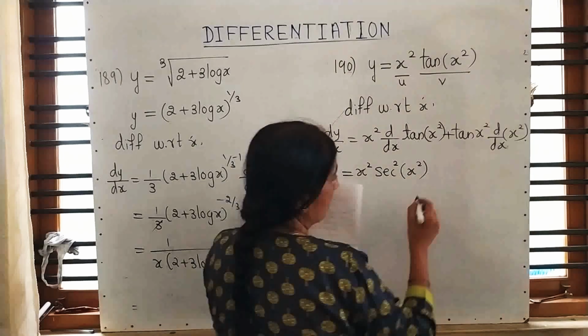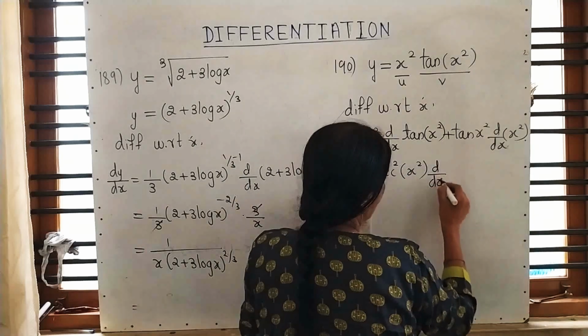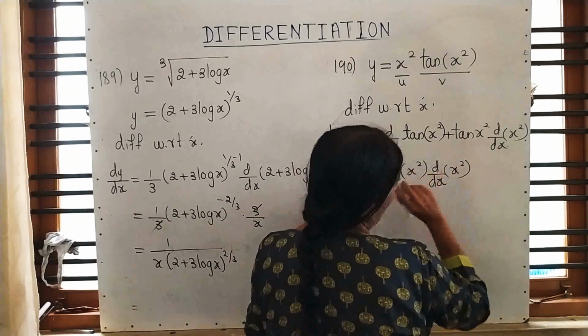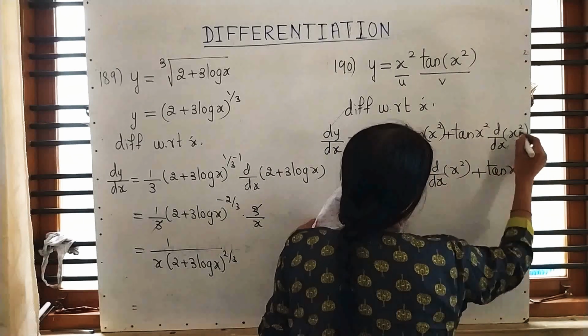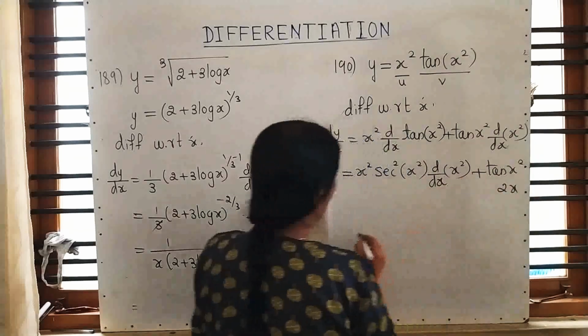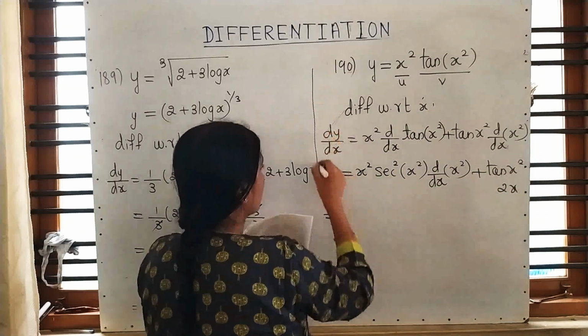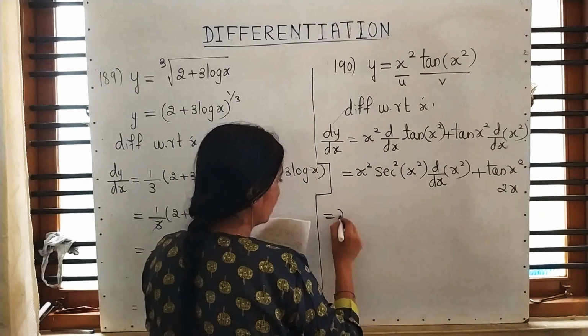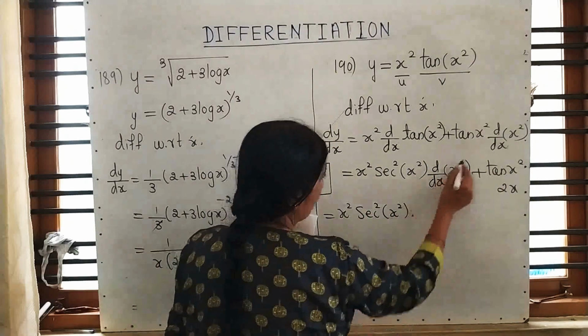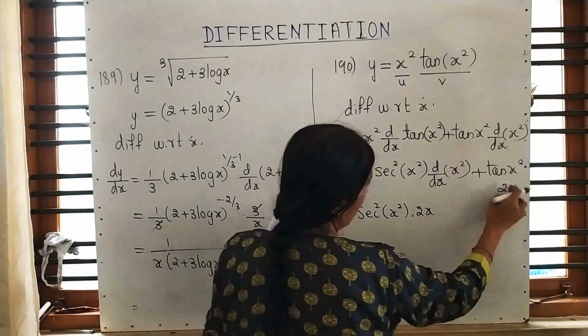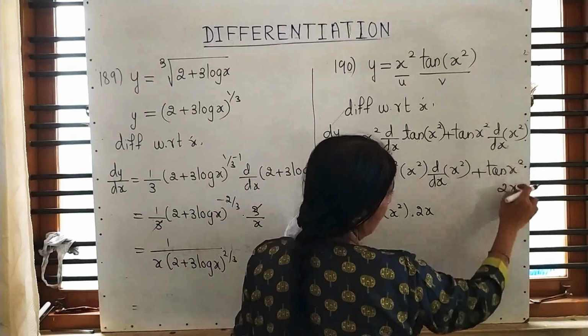Differentiation of tan is secant square into differentiation of x square. Angle is other than x. Plus tan x square. Differentiation of x square is 2x. Here differentiation of x square is 2x, and always students have a confusion, they will mix this.